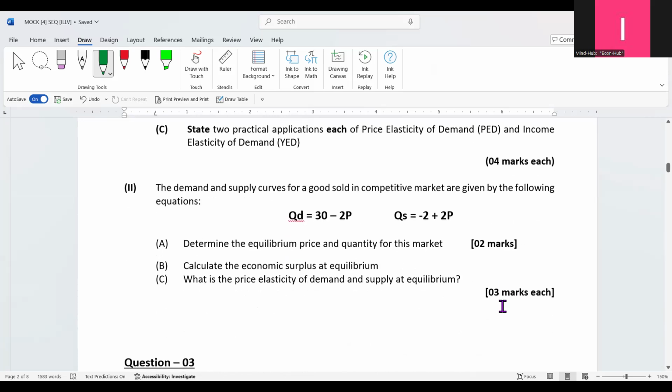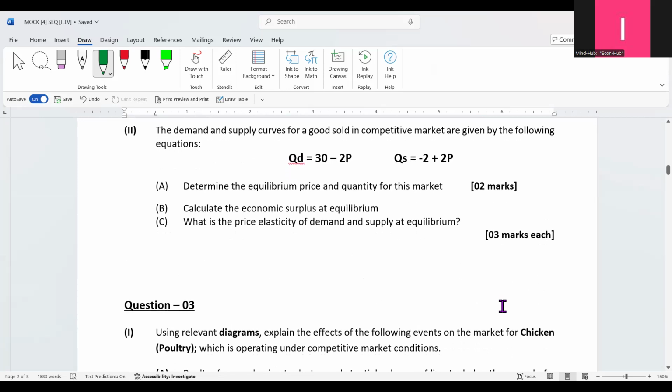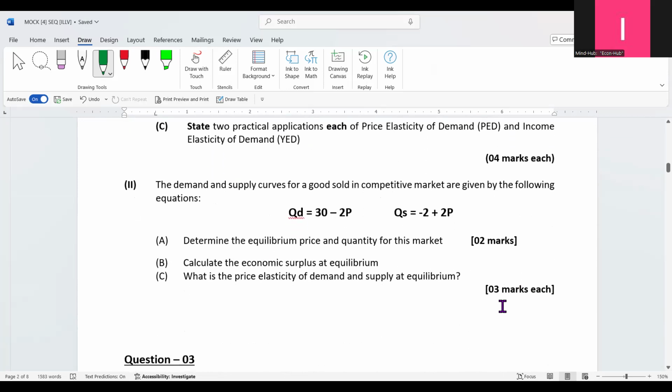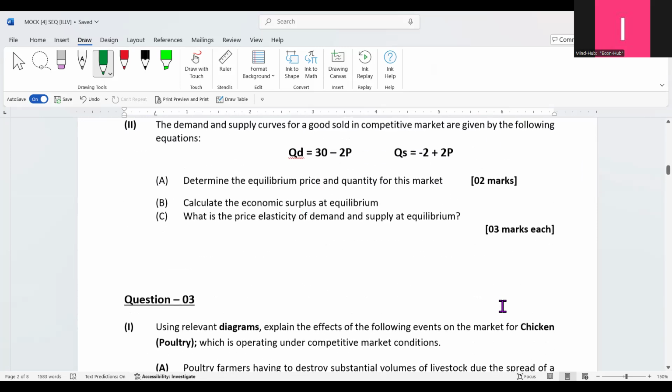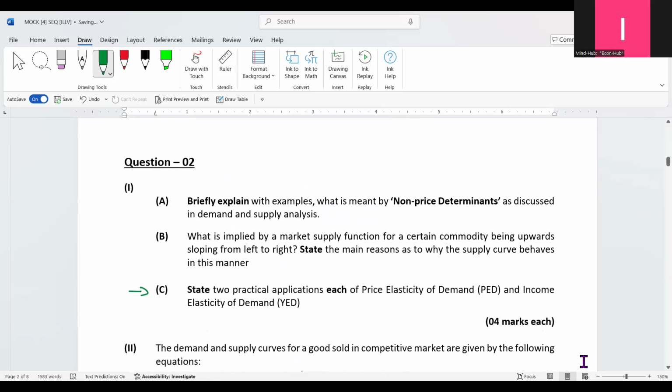So make sure you focus on that. Make sure you know how to explain law of supply, at least with a basic outline of the points.